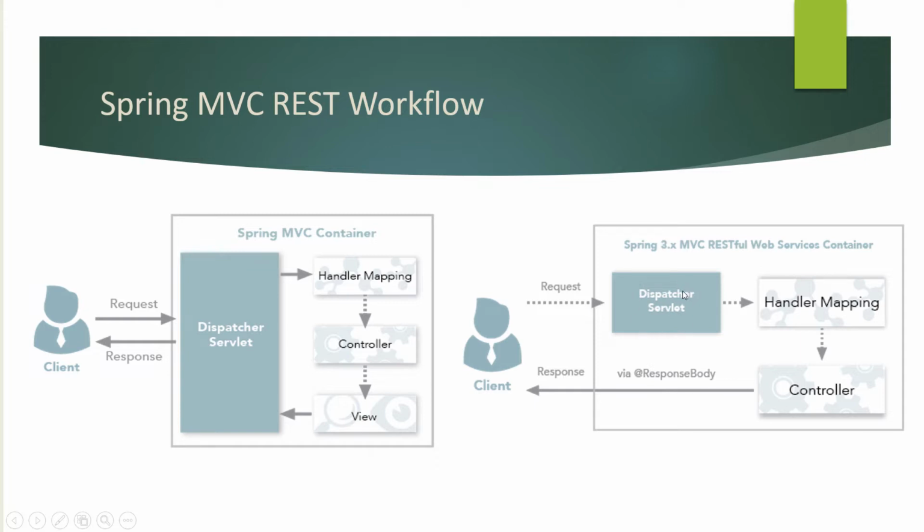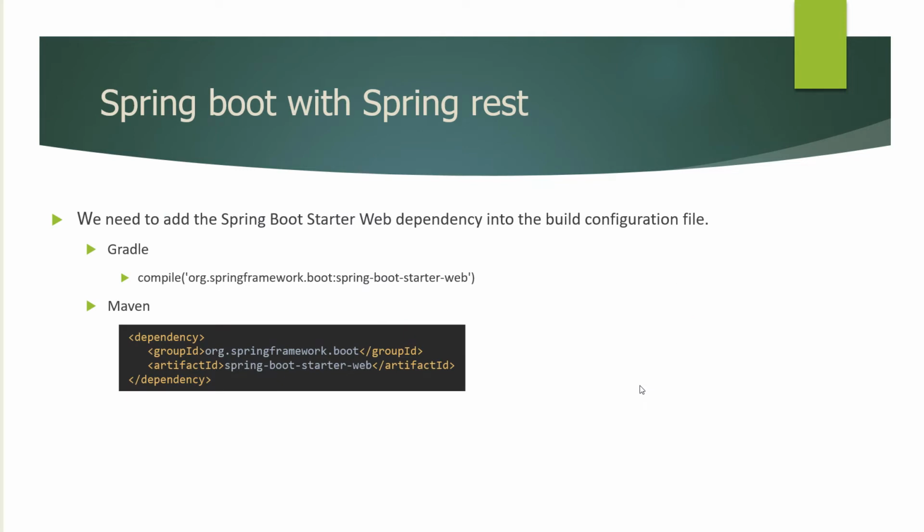For a RESTful web service, it is similar, but the key difference is the way the HTTP response body is created. A RESTful web service always returns the object or object data in JSON or XML.